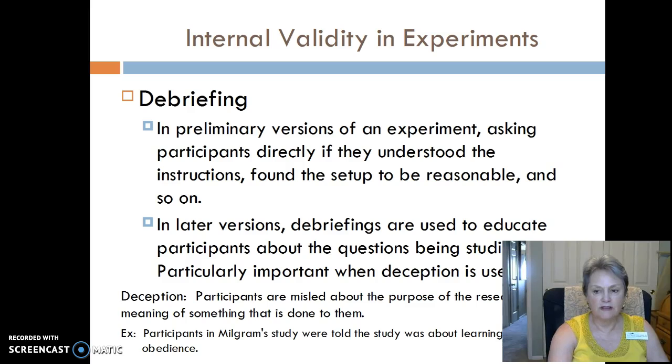So a very different type of focus than what the participants thought. And then also debriefing includes trying to leave the participant in a good frame of mind so that they're not harmed by the experiment.